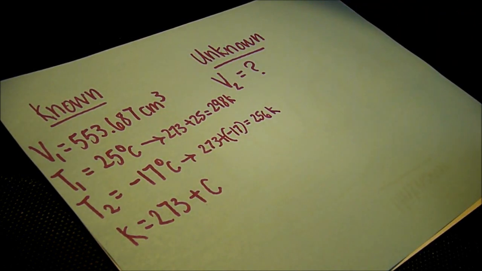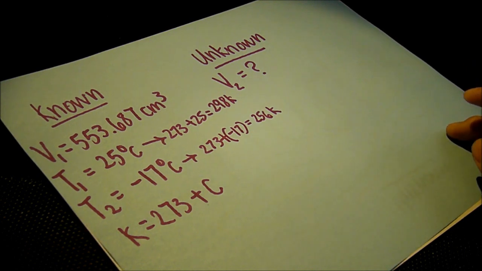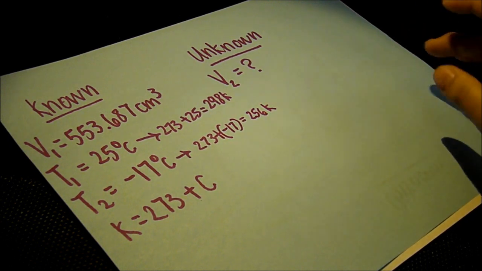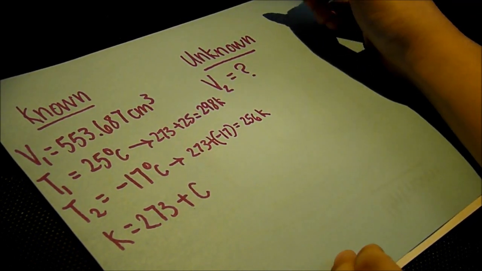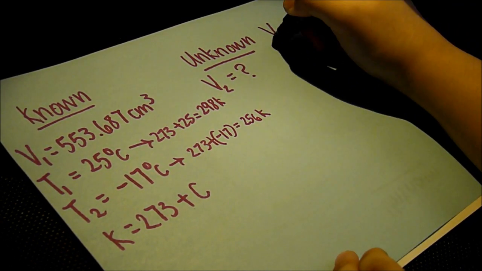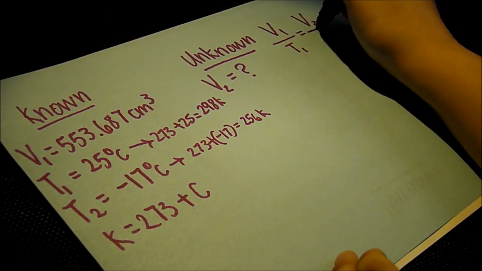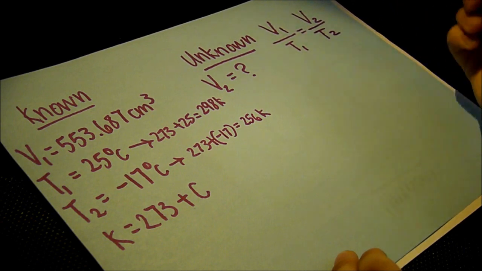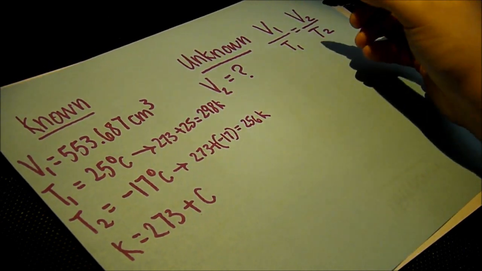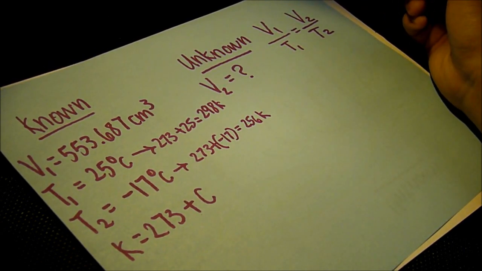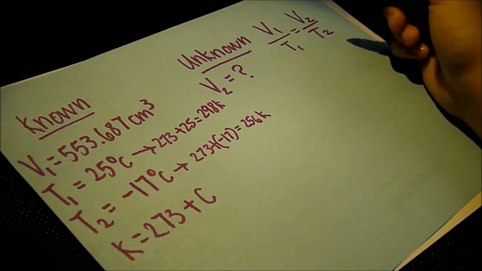Okay, now that we've got the temperatures, we're going to plug that into the Charles law equation. The Charles law equation is V1 over T1 is equal to V2 over T2. Now we need to solve for the volume.